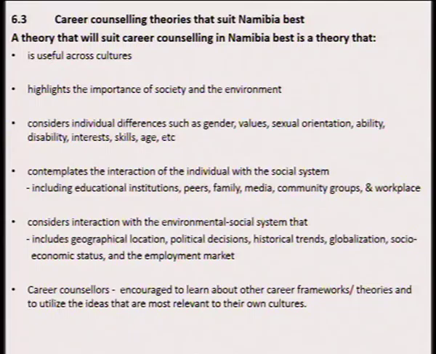It will also consider the career counselors. They should be ones that are encouraged to learn about other careers and frameworks and theories, and also be able to utilize the ideas that are most relevant to their own cultures.